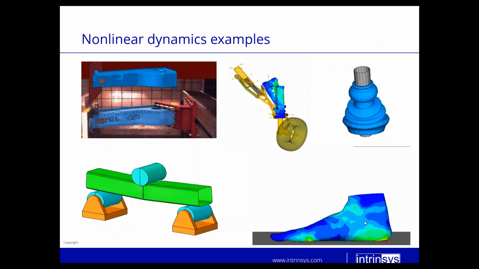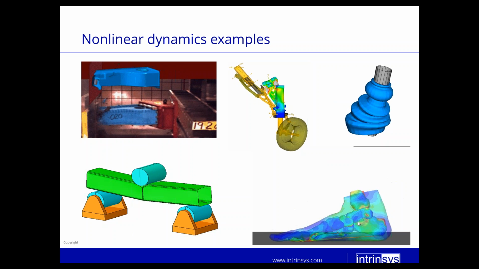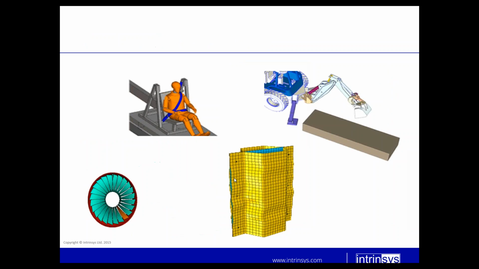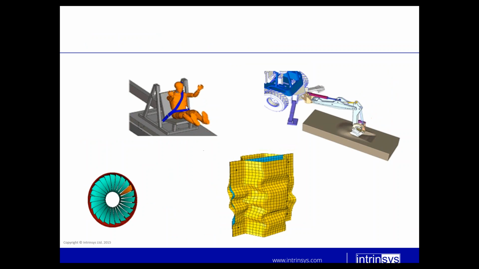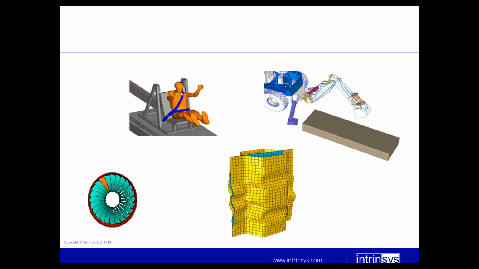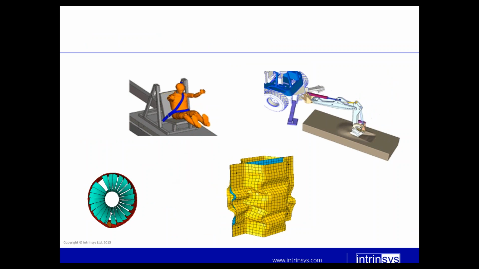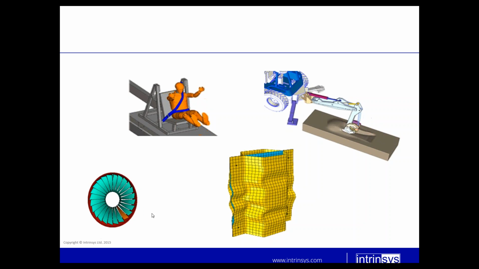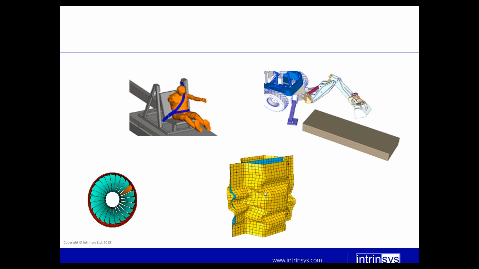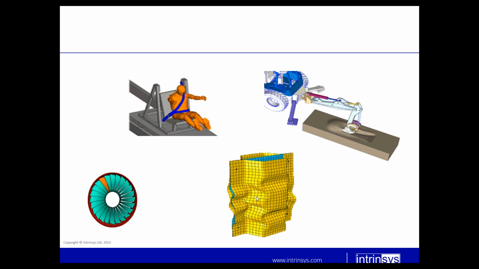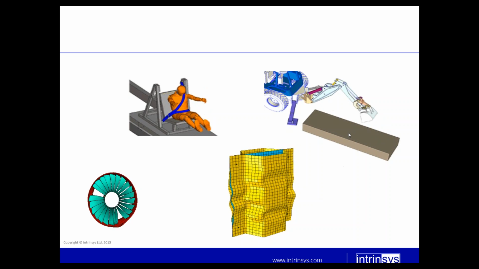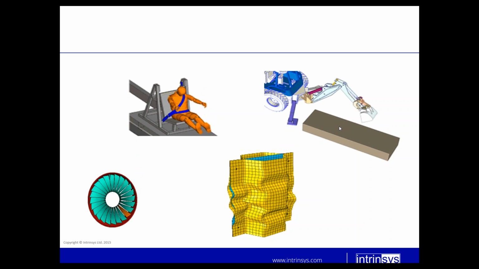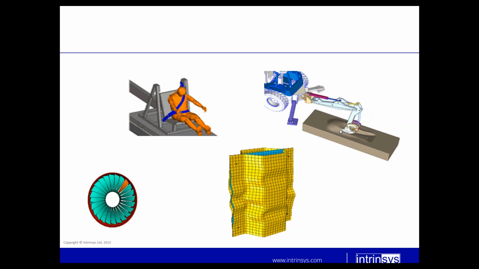You can also simulate organic structures, which again all behave in a nonlinear fashion. You can crash. Impact is typical, or the loss of a turbine blade. This is nonlinear. Buckle and collapse of structures, or just generally, the soil is sort of fluid type behavior.